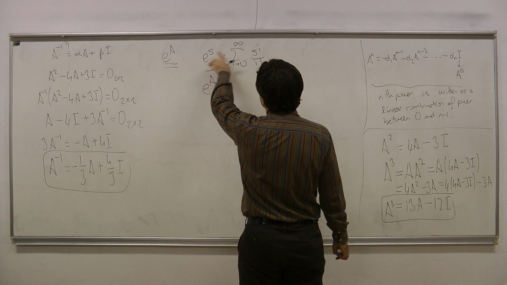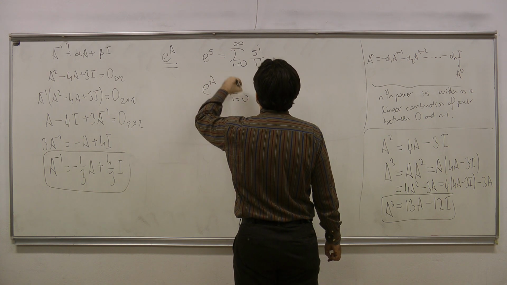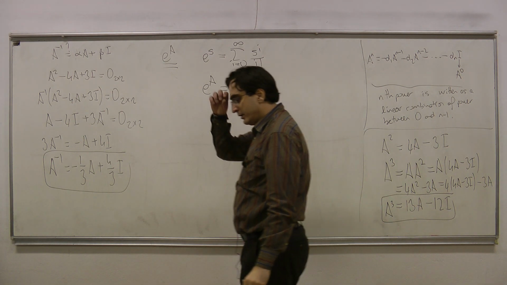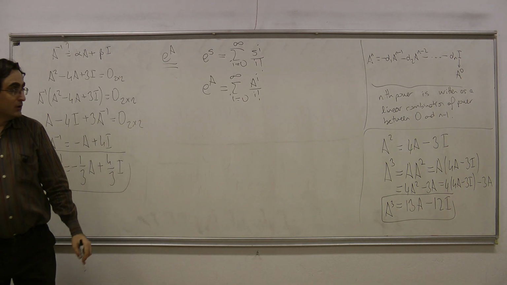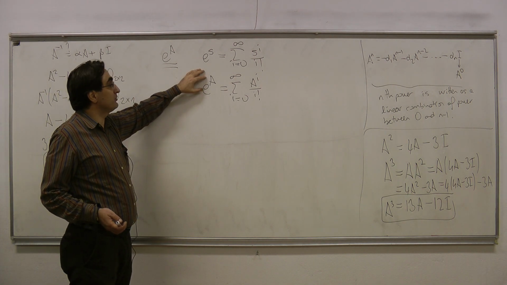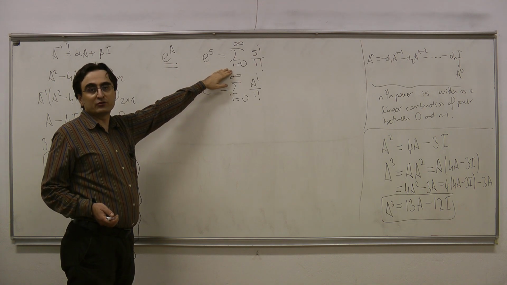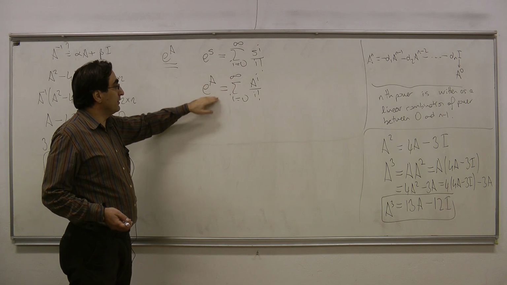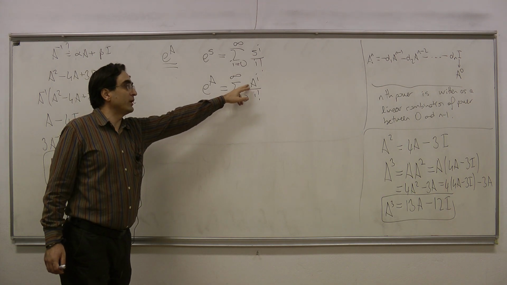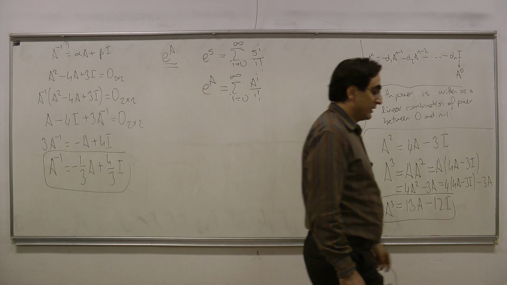Instead of s, I will write here A, sum over i from 0 to infinity, A to the i over i factorial. Okay? So you see that if you would like to calculate the exponential of a matrix, then you can use the power series representation of the scalar exponential function. Then this is going to be another matrix which is given by this summation, where you sum the powers of the matrix by dividing them with i factorial.